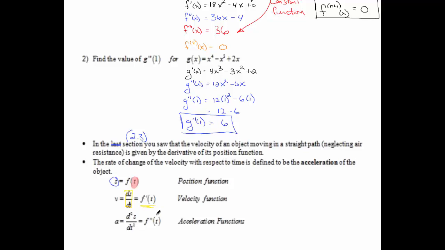And we briefly talked about it, but the acceleration is the derivative of the velocity, or dv/dt, which means it will be the second derivative of the position function, or f double prime of t. We're going to be using these ideas of the position, velocity, and acceleration functions to understand different types of applications. Moving on to the next page.